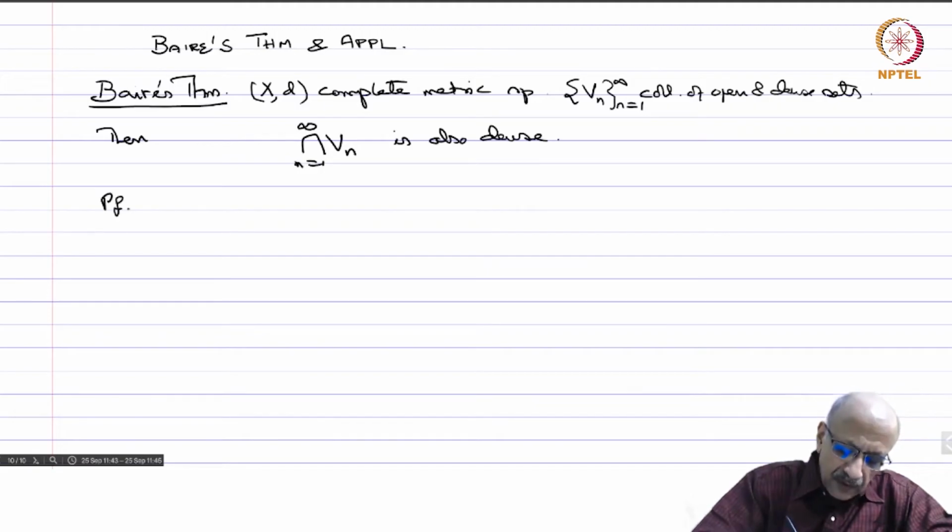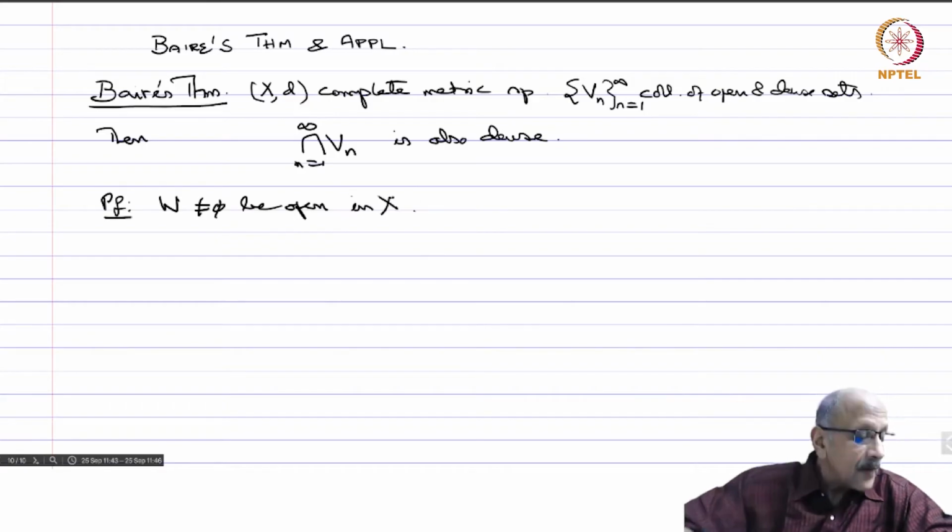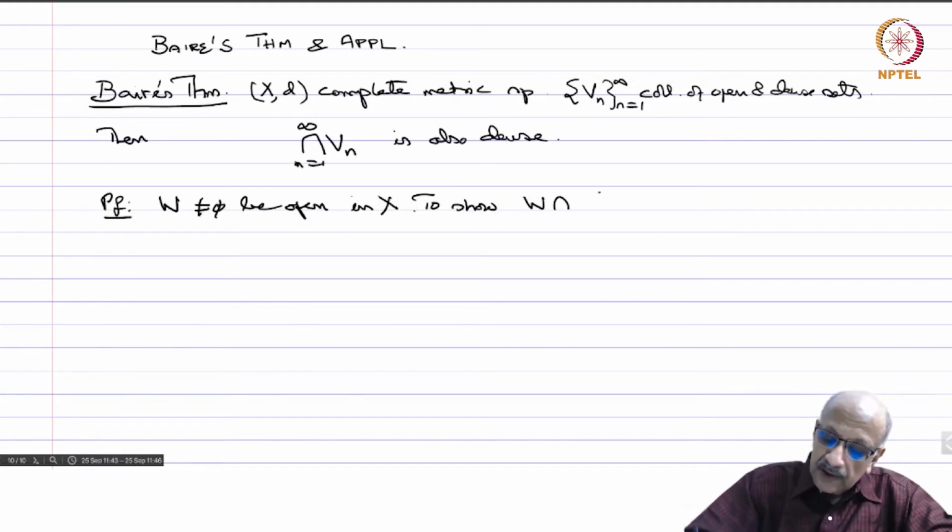Okay, so proof. Let W, not empty, be open in X. So we need to show W intersection the intersection over n equals 1 to infinity of V_n is non-empty.